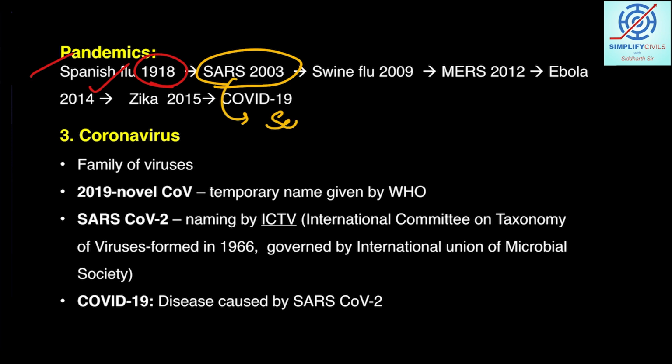So what is SARS? SARS is Severe Acute Respiratory Syndrome. And coronavirus is a type of SARS only. It's a group of viruses which are responsible for respiratory problems, and corona is a part of this group.